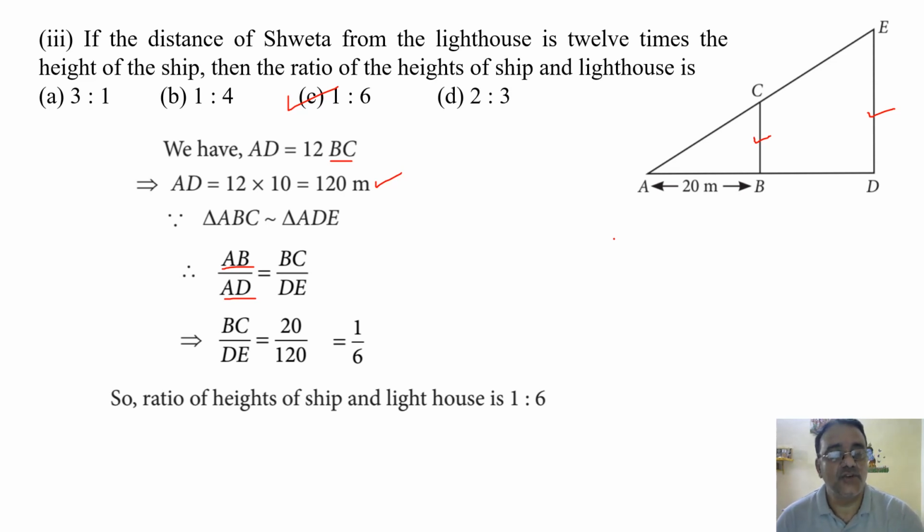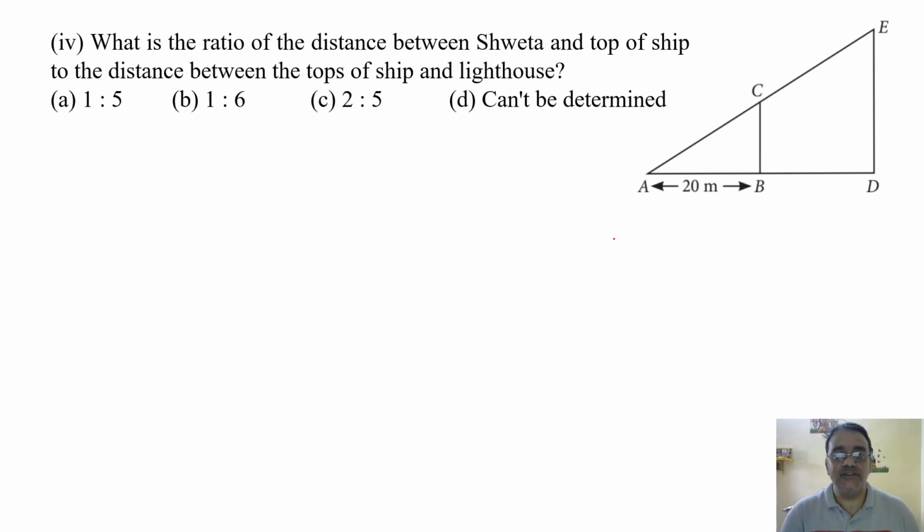Right. So now we are moving toward the next question. Fourth, what is the ratio of the distance between Shweta and top of ship, मतलब AC, ठीक है, to the distance between the top of the ship and the lighthouse, मतलब CE. So AC upon CE we have to find. ये पता चल गया कौन सा रेशियो निकालना है?